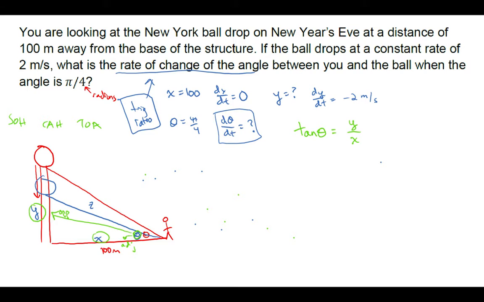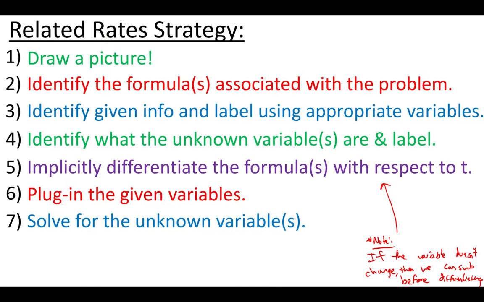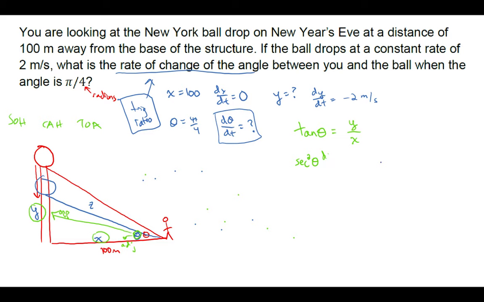All right, so at this point, typically what we'd want to do is differentiate, right? So we would take the derivative of tangent, which is secant squared theta. Now, since we took the derivative, we also have to throw on a d theta dt.